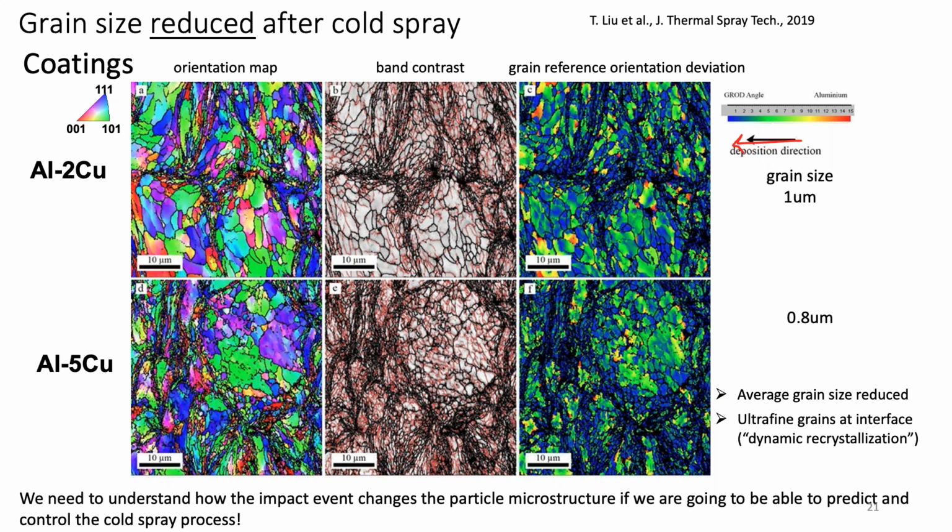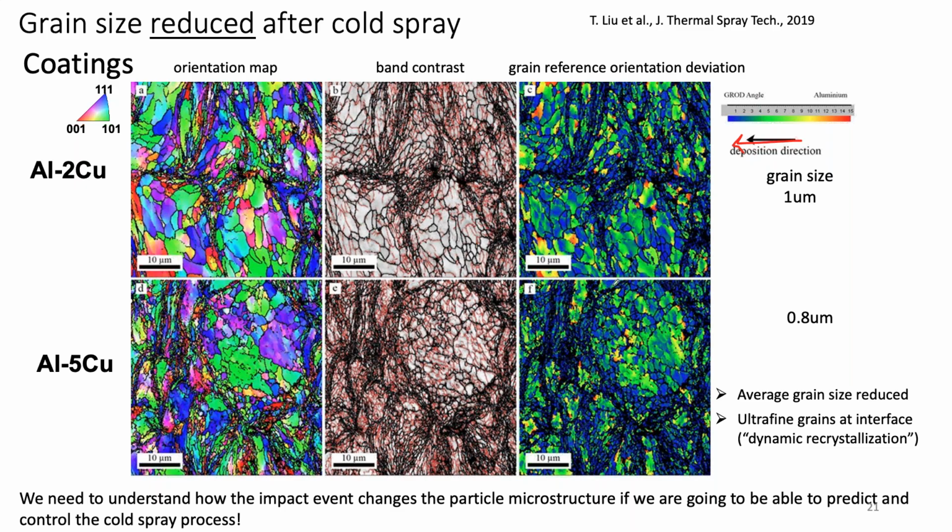We've plotted low angle boundaries of 1 to 10 degrees, and things that are higher than 10 degrees we're calling high angle grain boundaries, in black. You can see how that density of boundaries changes both between the two different alloys and with location in the structure.